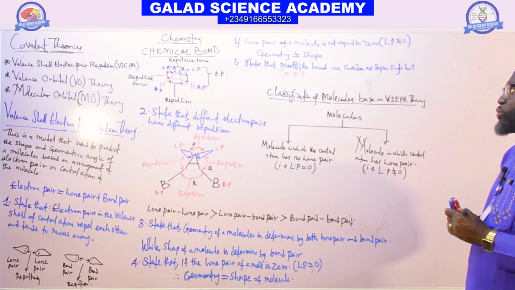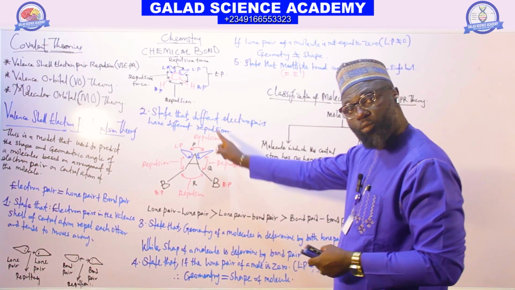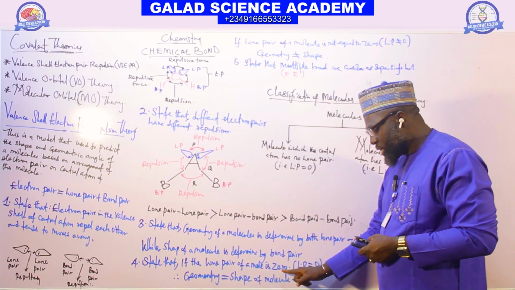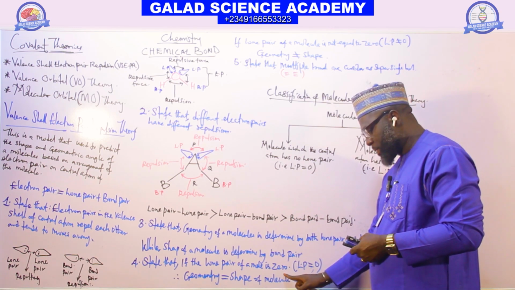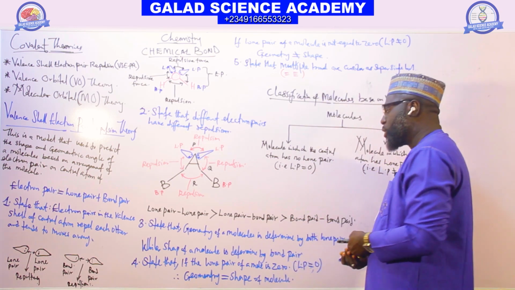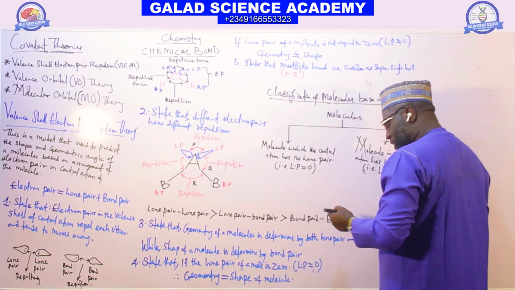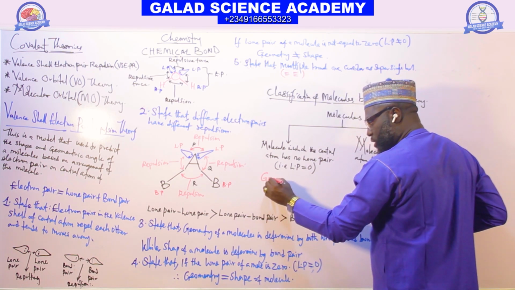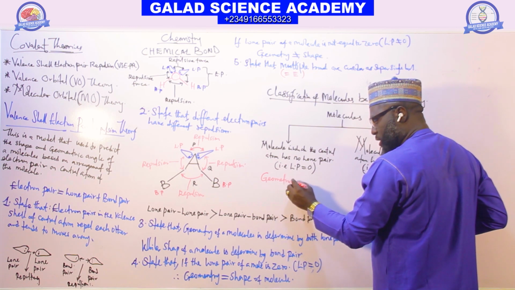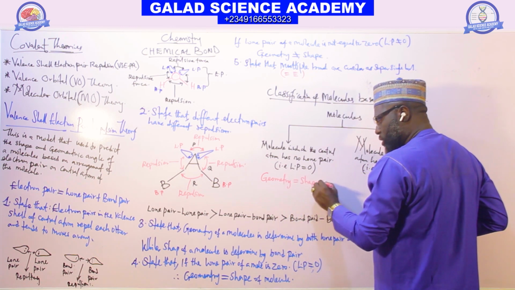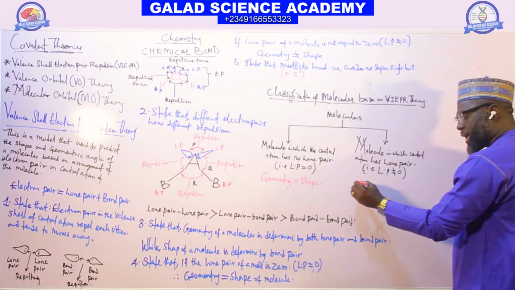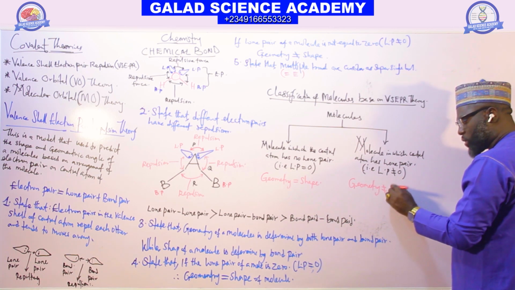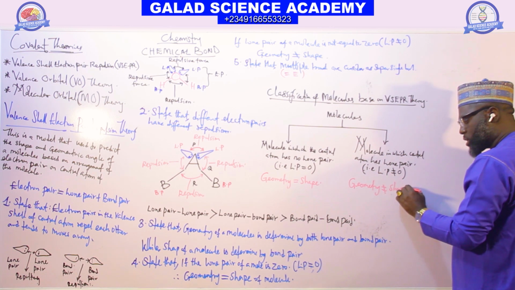And don't forget, from postulate 4, if the lone pair of an atom of a molecule is equal to 0, geometry and shape are equal. So on this side, geometry is equal to shape. But here, geometry is not equal to shape.